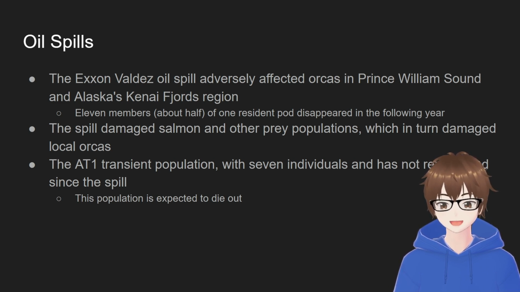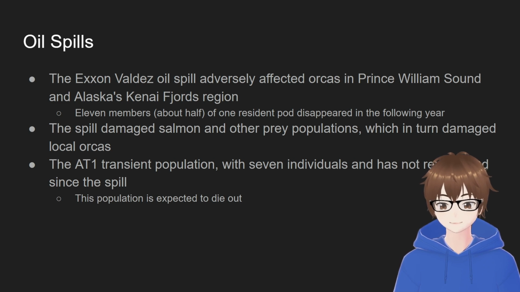The spill damaged salmon and other prey populations, which in turn damaged local orcas, like I said, killing the prey species. Then the AT1 transient population, which I don't really know what that is, that's just a population that they've labeled, has 7 individuals and has not reproduced since that spill.